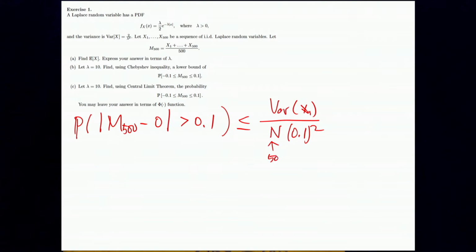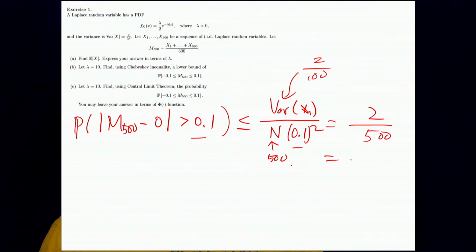N is 500. Then we take the variance, which is 2 divided by lambda squared. Lambda squared is 100. So then you have 500 and 0.1 squared, and it comes to 0.004.